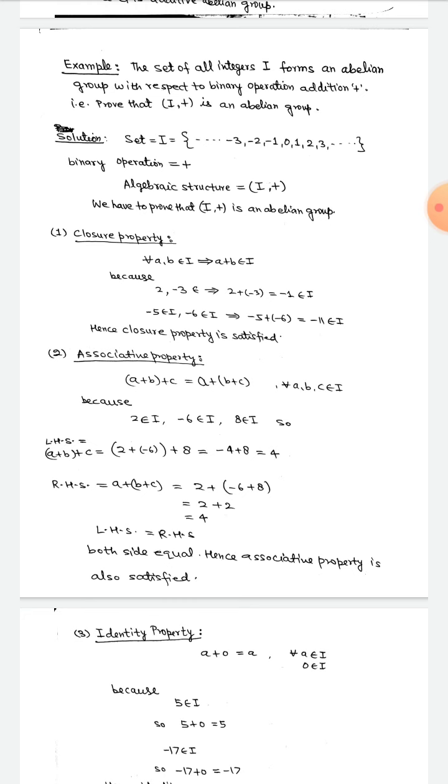Now the algebraic structure is (I, +). Now we have to prove closure, associative, identity, inverse and commutative property.